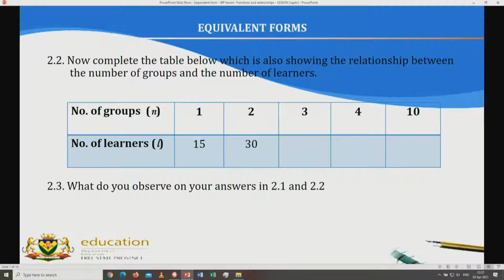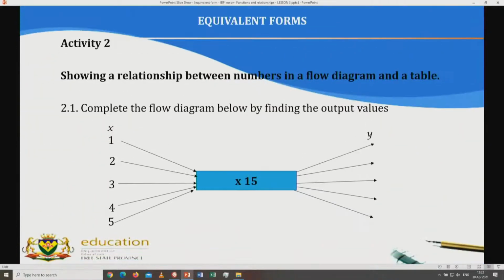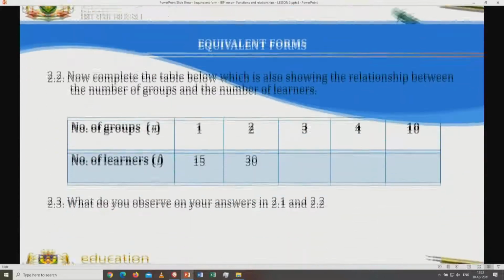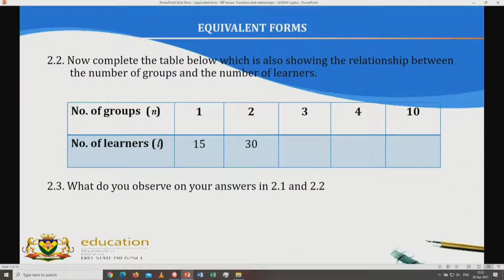Now, the third question says, what do you observe on your answers in 2.1 and 2.2? Remember, we worked out the output values of the flow diagram, and then we worked out the output values on a table.